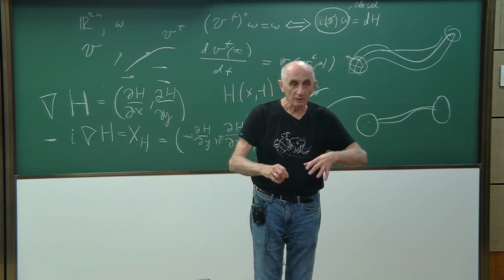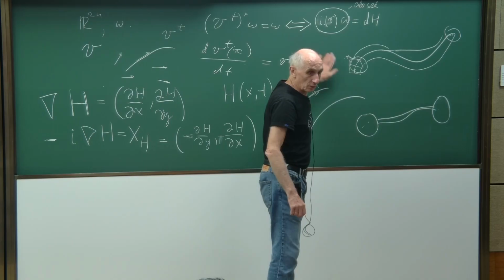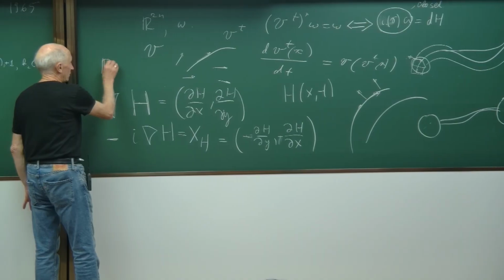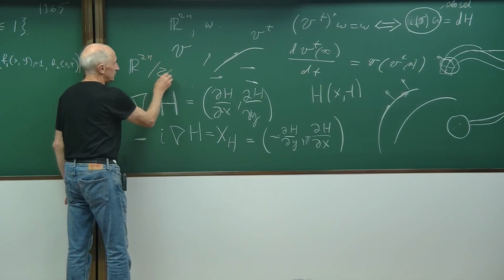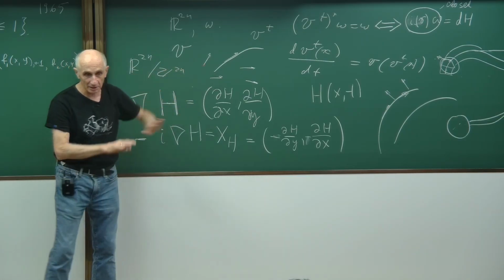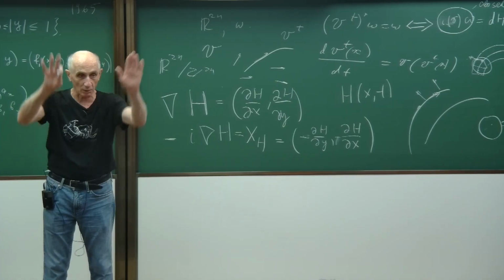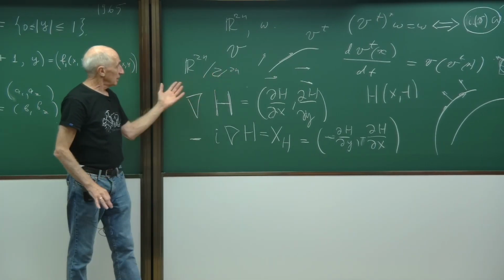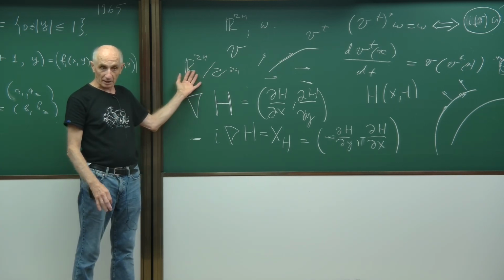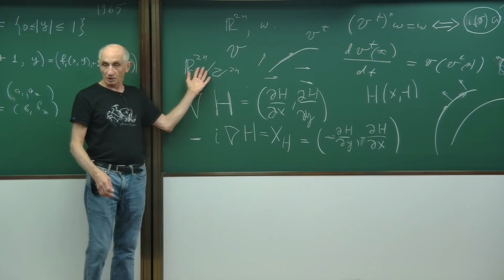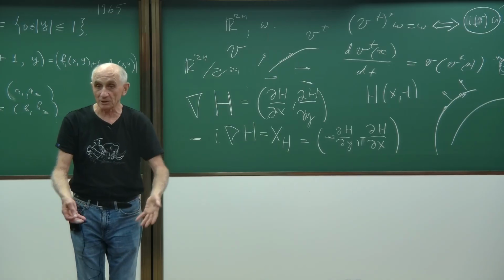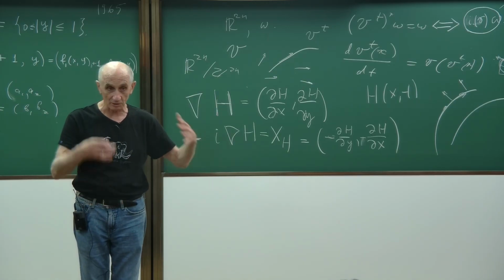But for instance, if you take not R2n but a torus, a quotient of R2n over Z2n, for instance a plane quotient by translation by 1, you get a symplectic form there. I would like to define a Hamiltonian vector field there. Then not every symplectic vector field is Hamiltonian on this quotient.